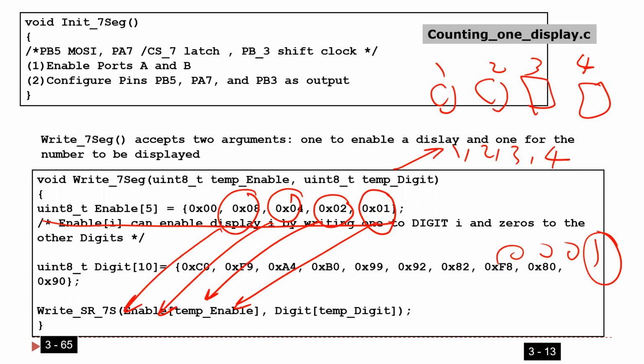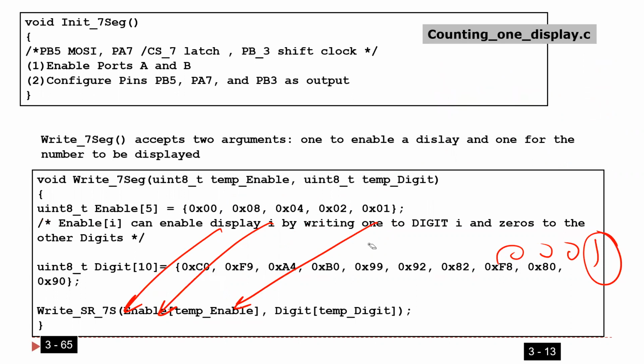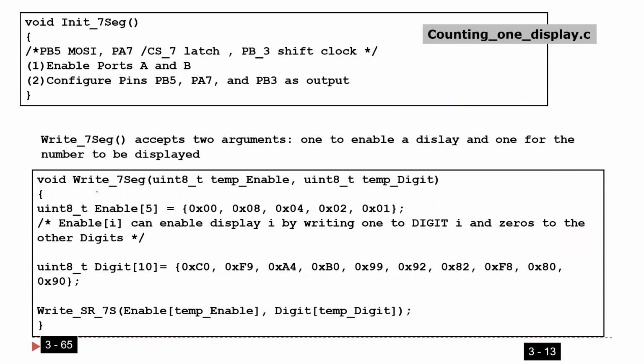In order to make everything very, very simple, I created this function here. You are going to use this function all the time. This function is going to call the shift register function. All you have to do is send two arguments.